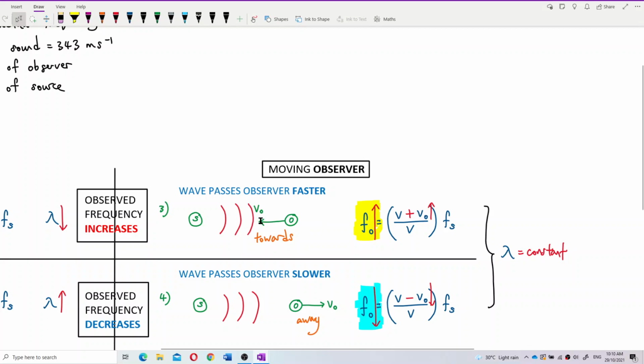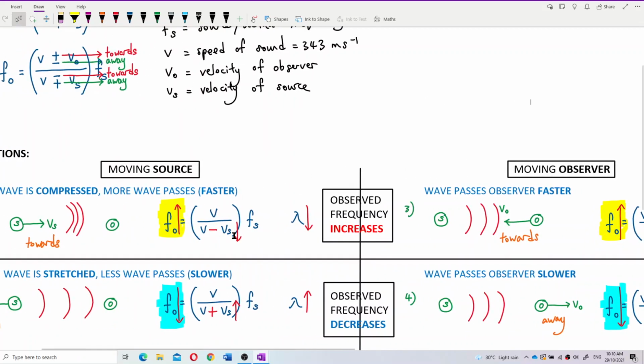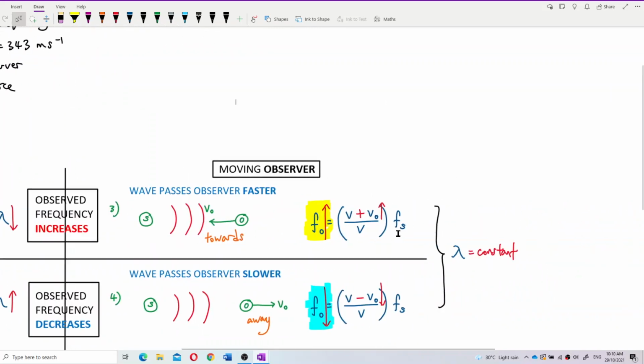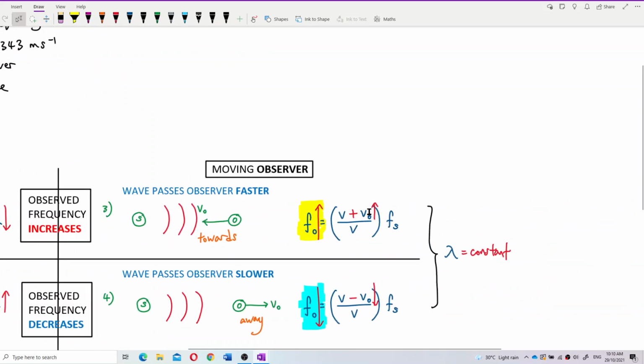Since the wave passes through the observer faster, the observer hears a higher observed frequency. This observed frequency increases. So that means VO is at the top, not at the bottom. At the bottom is Vs, the source velocity. Observer velocity is at the top.